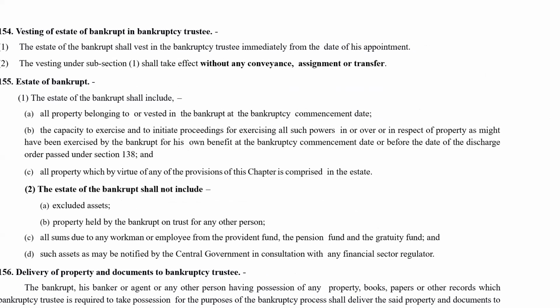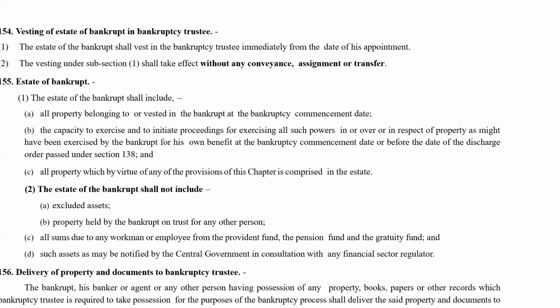The capacity to exercise and to initiate proceedings for exercising all such powers in or over or in respect of property as might have been exercised by the bankrupt for his own benefit at the bankruptcy commencement date or before the date of the discharge order passed under section 138, and all property which by virtue of any of the provisions of this chapter is comprised in the estate. Okay. Estate of the bankrupt shall not include what?